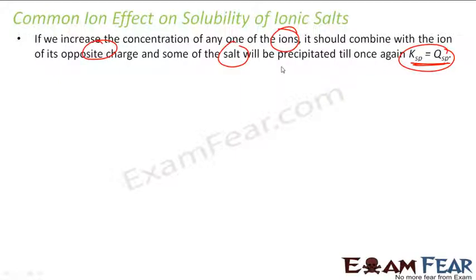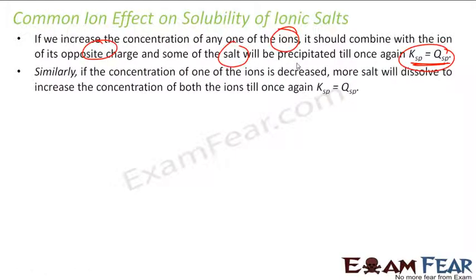Again, the equilibrium is disturbed and it will try to reach equilibrium, right? Similarly, if you decrease the ion, more salt will be dissolved. So it's very simple. If you increase the ions, salt will be precipitated out. If you decrease the ion, salt will be dissolved.